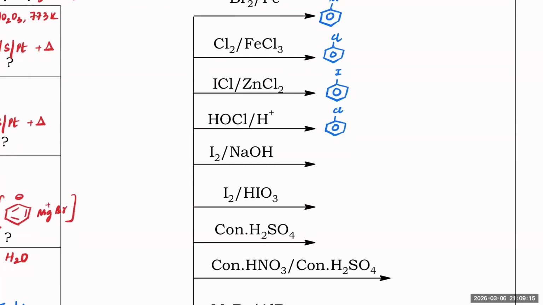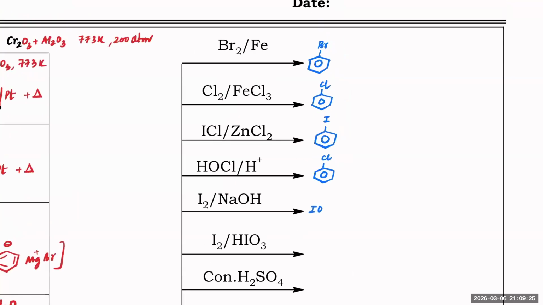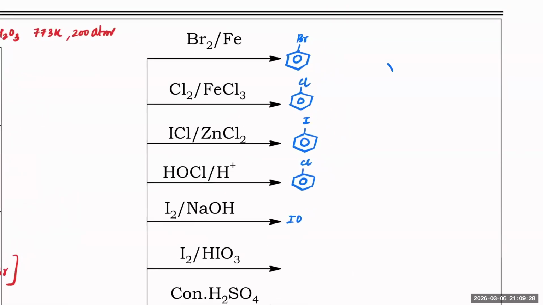Iodine in NaOH. It will get oxidized to IO minus. First remember, any halogen, we discussed this multiple times, in the presence of NaOH will get converted into NaX plus NaOX.